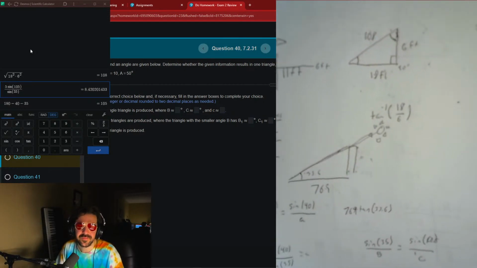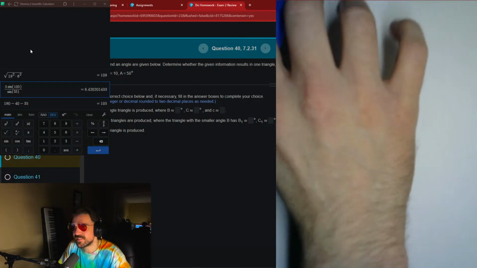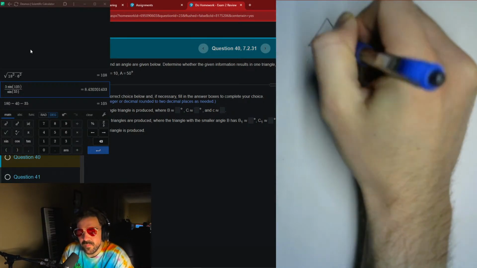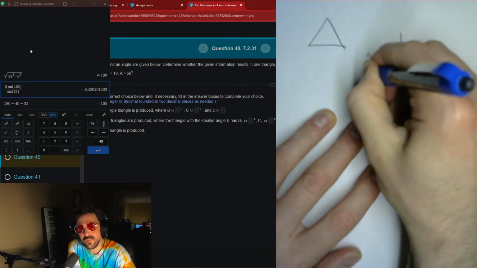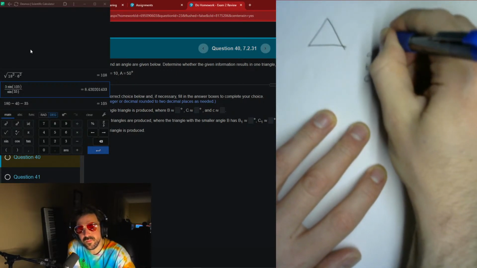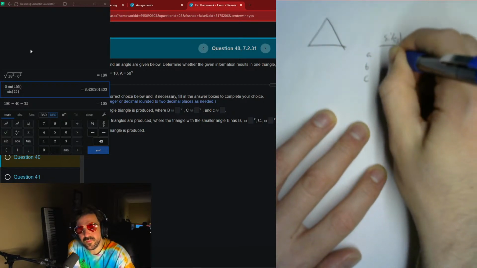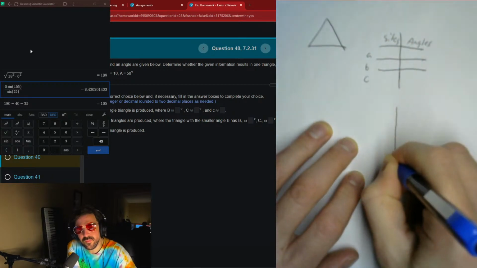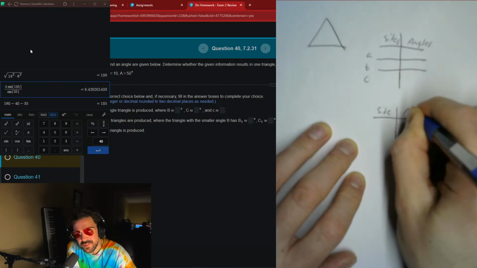All right, this one takes forever, so I'm gonna do it slow, so I only have to do it once. I'm gonna do it assuming there's two triangles.